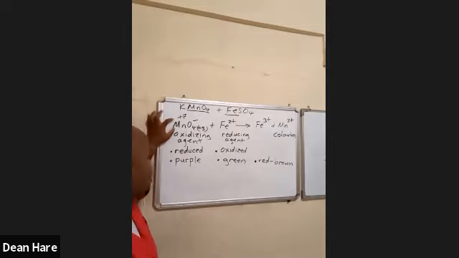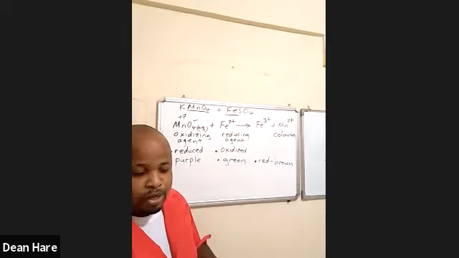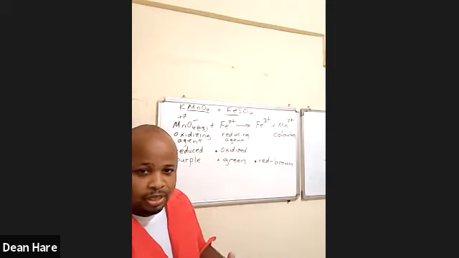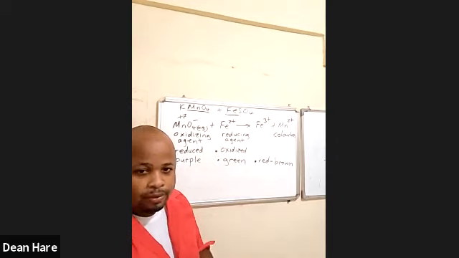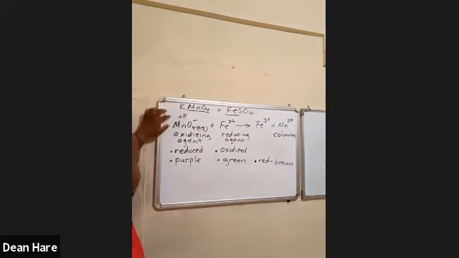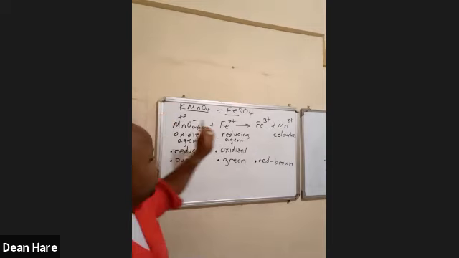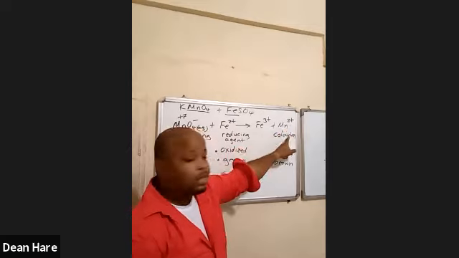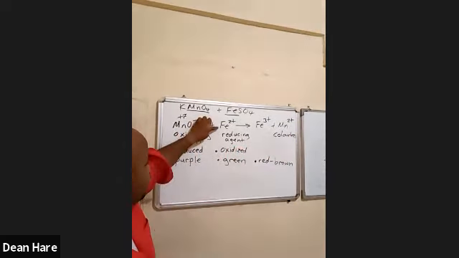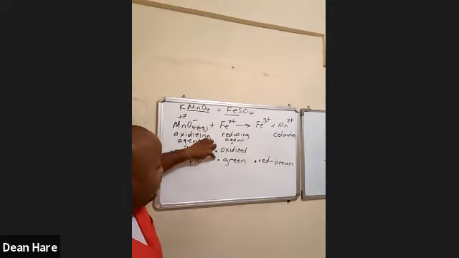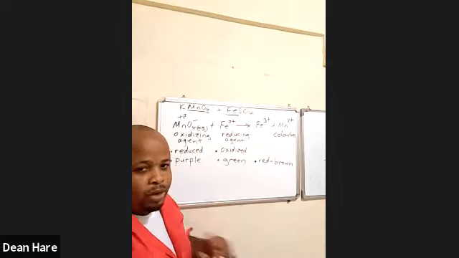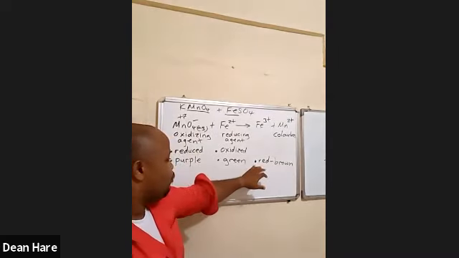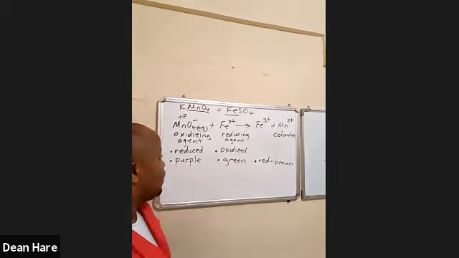Remember, these are transition metals, which means they have more than one oxidation state, and when they change oxidation state, they also change color. So in the +7 state, the permanganate ion will be purple. When it is reduced to Mn2+, it is colorless. Fe2+ is green, and the Fe3+ state is a different color. So that is why we can use color change to know that our reaction actually took place.